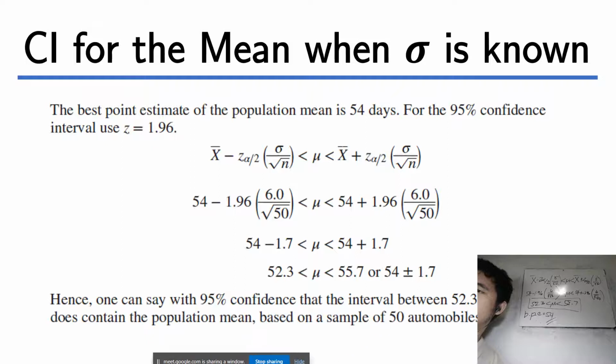So, ang interpretation nito ganito. With 95% confidence or there is a 95% probability na ang interval between 52.3 and 55.7 days will contain the population mean based on a sample of 50 automobiles. Yun yung shorthand interpretation ng mga confidence interval.